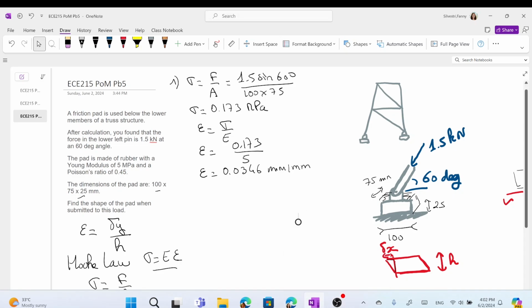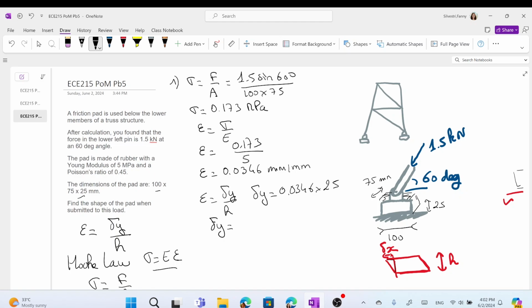Okay, so we can find the delta y because we know that epsilon equals the delta y divided by h. So the delta y equals 0.0346 times the original h, which was 25. The delta y is very small, 0.87 millimeter.